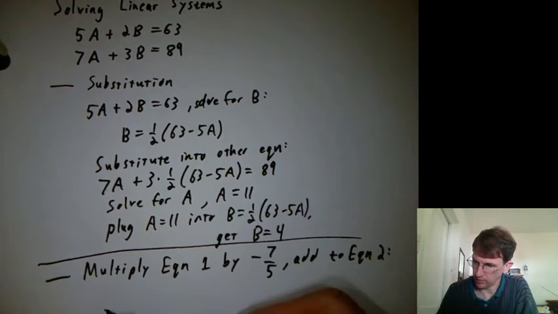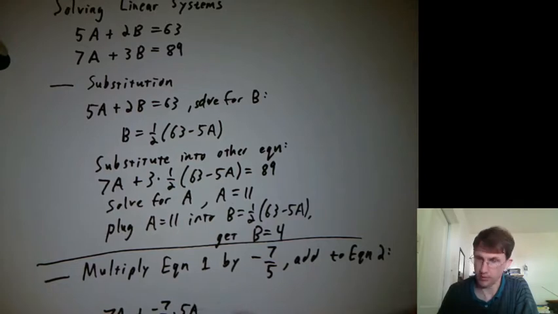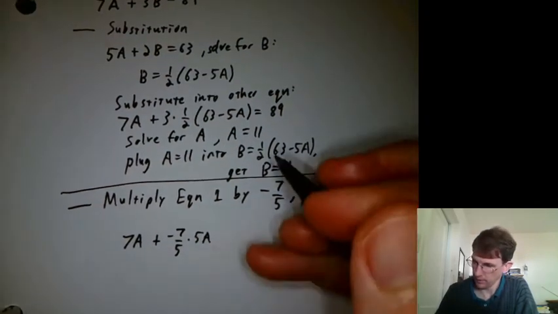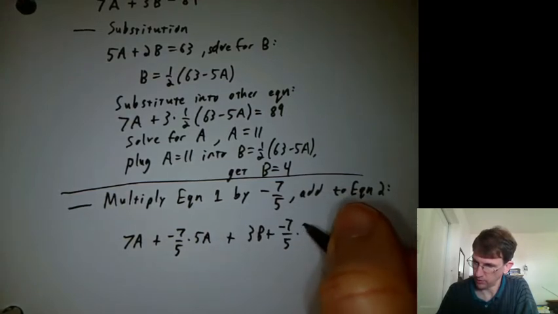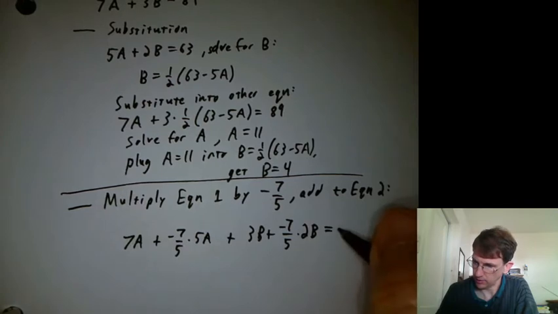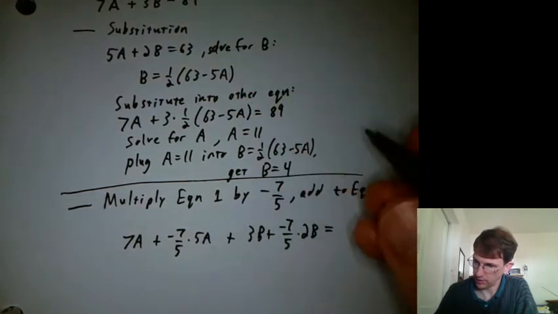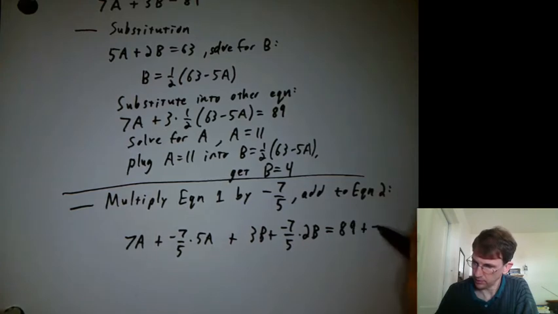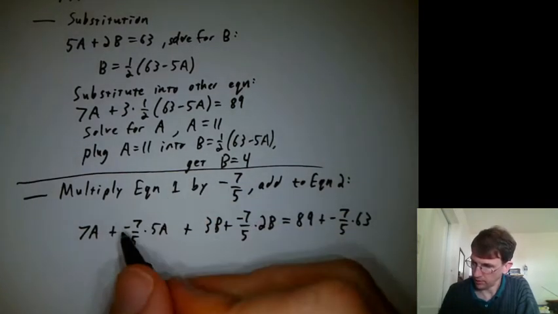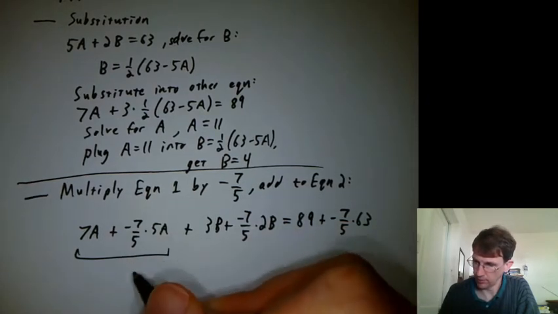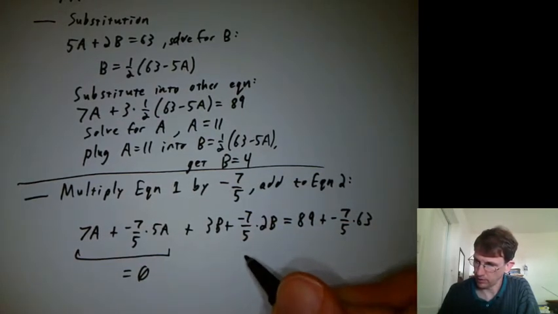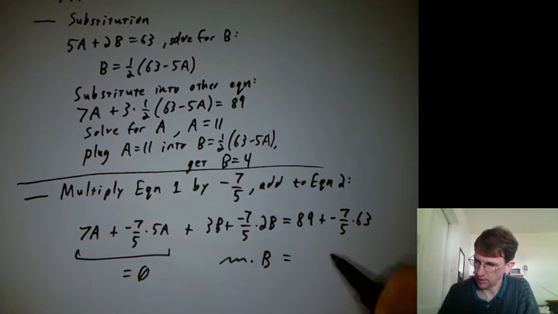So you'd have 7a plus -7/5 times 5a, that's from equation 1, plus 3b plus -7/5 times 2b equals 89 plus -7/5 times 63. And what happens here, the 5 cancels the 5, you get -7, so this whole term is just 0. So then you have some stuff times b equals some constant.